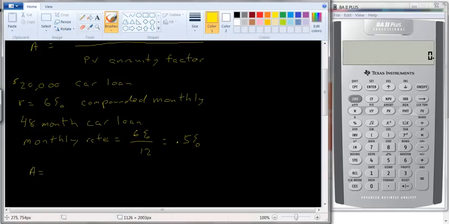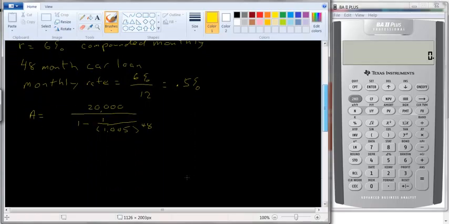A equals 20,000 is our present value, the amount we borrow right now, divided by, and we said the formula was 1 minus the present value factor, so this is going to be 1 over 1.005 raised to the 48th power, and then you have to divide by the interest rate. So I'll divide by 0.005. Okay, I'll put that in brackets so you can see what we have.